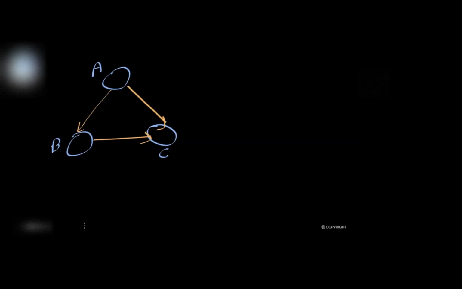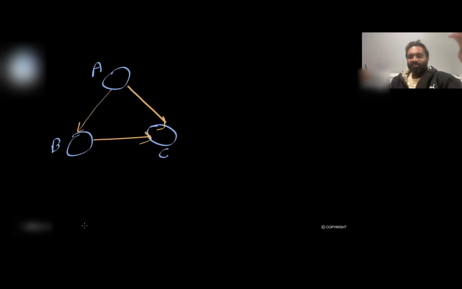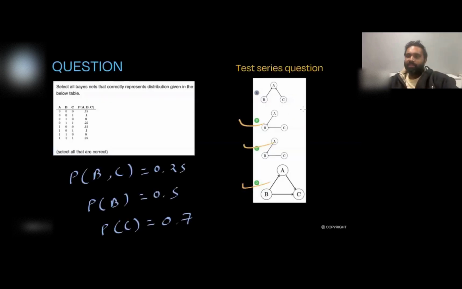So if you have more arrows, it's fine actually. Your Bayes net is not an individual entity. You are also specifying some distribution table associated with each node. If you have more arrows, the size of the distribution table will only grow.